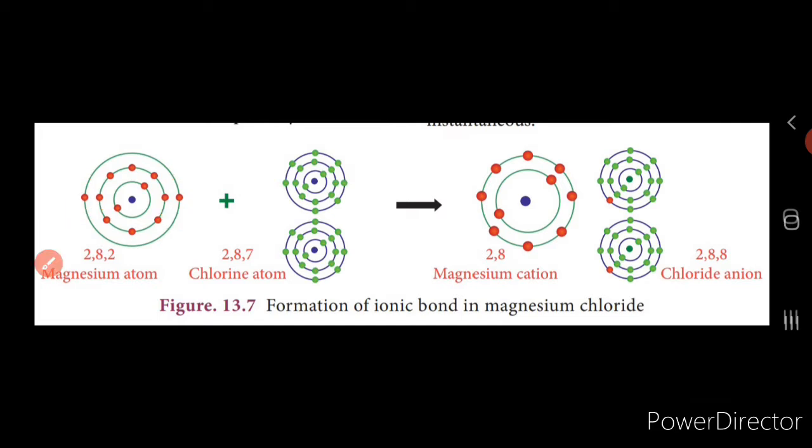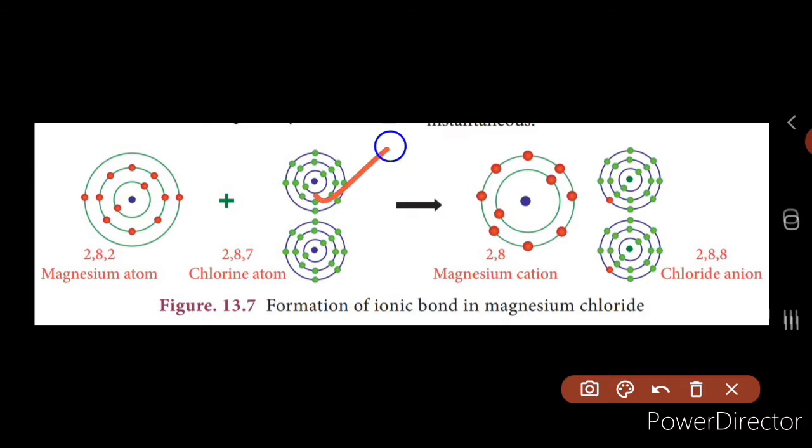Now on the other hand, we have chlorine. So there are 2 chlorine atoms. The atomic number of chlorine is 17, isn't it? So what is the electronic configuration? 2, 8, 7. So it has 7 electrons in its outermost shell. Now it can gain an electron from magnesium to attain the stable electronic configuration.